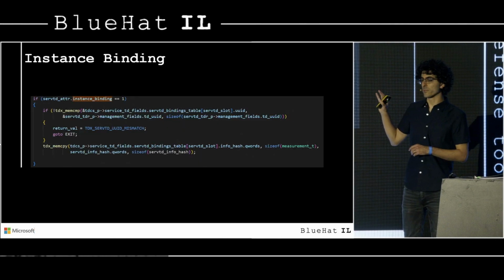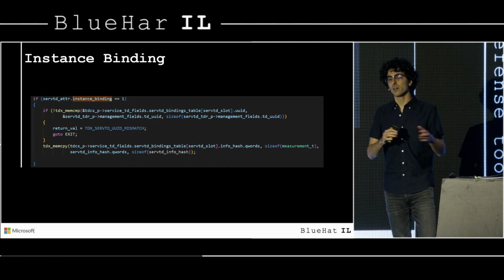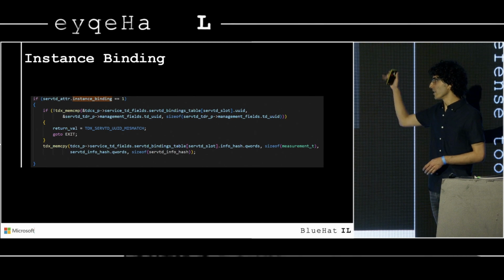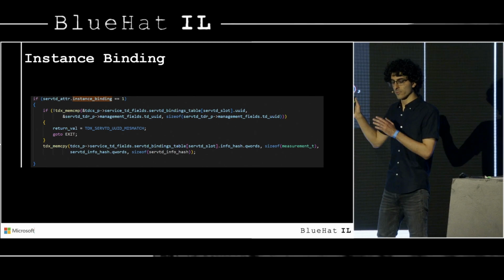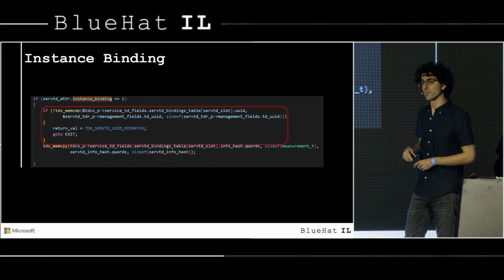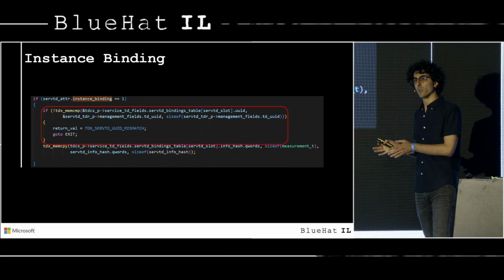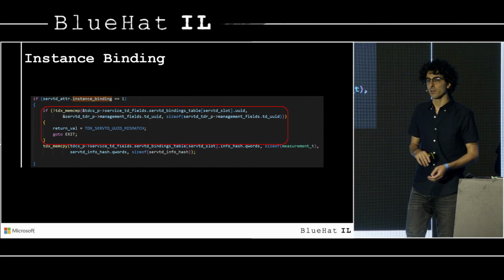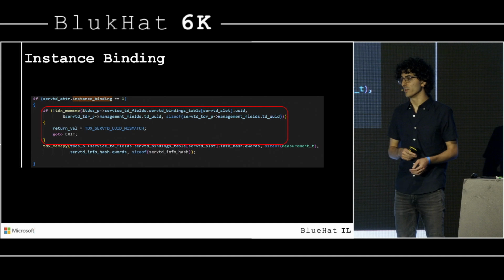This is the piece of code that handles instance binding inside the bind function in the TDX module. After that first condition of instance binding, we can see in this very long memcompare line that what the module does is simply compare the UUID in the binding table to the actual unique identifier of the service TD, of the migration TD.